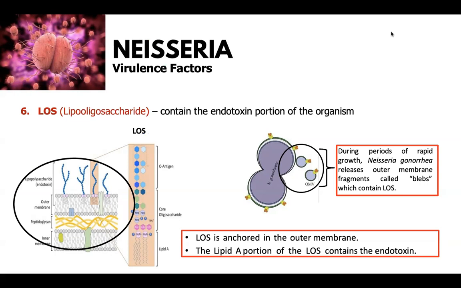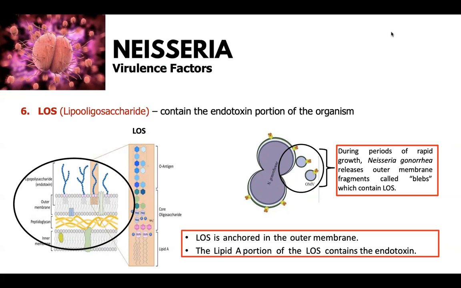No, may O antigen or the somatic antigen, which is very important in serologic identification of the organism, and then meron ding core oligosaccharide, hindi ko masyado mabasa guys. Core oligosaccharide and the lipid A. The lipid A is the embedded portion, no? Yung pinaka na-embed na portion ng lipo-oligosaccharide, and that actually contains the endotoxin. Okay? So si lipid A talaga ang endotoxin.